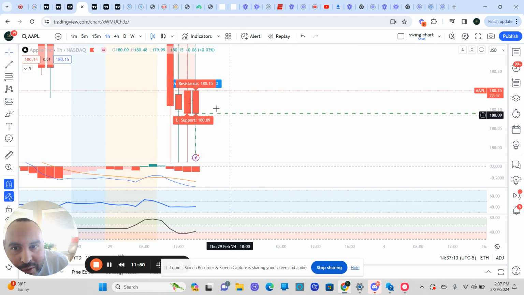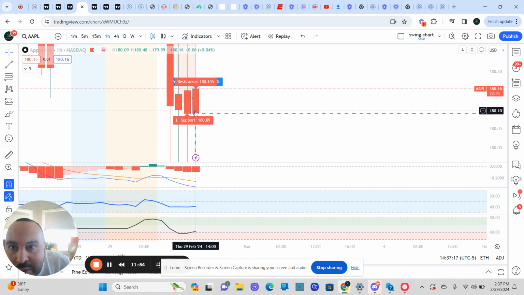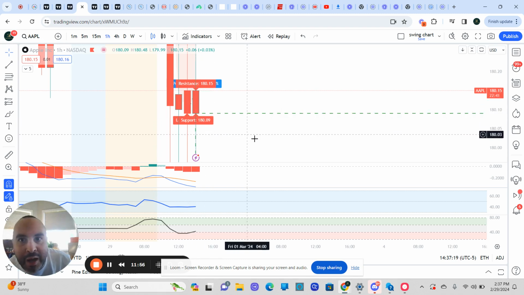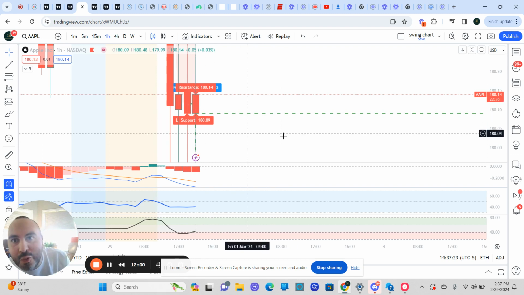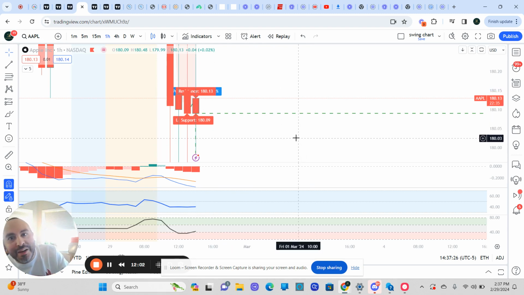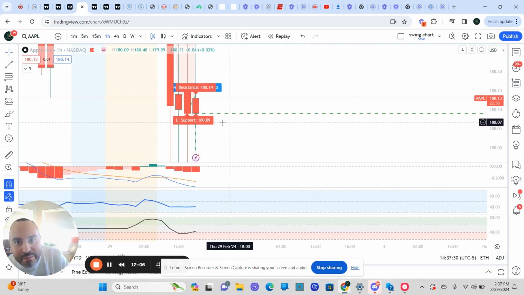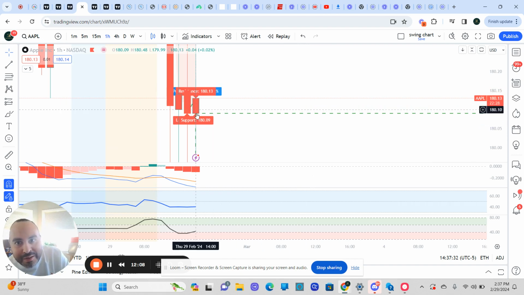Sorry, I might be looking here. I mean, it closed at 180. It closed at 179.99. So, kind of a coin flip there, but technically, it's looking like it's trying to hold.